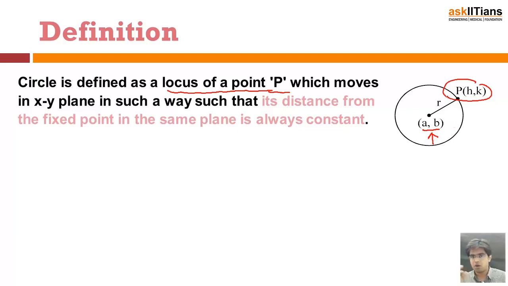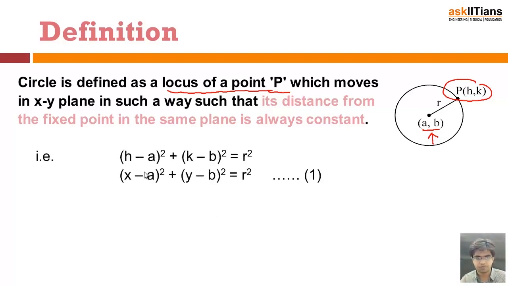That means the point P is moving here and there in this coordinate plane. There are various points that will satisfy this condition. If you look at all those points collectively, that is the locus, you will find a circle. So again, a circle is nothing but a locus of a point which is moving such that its distance from a fixed point a, b is constant.